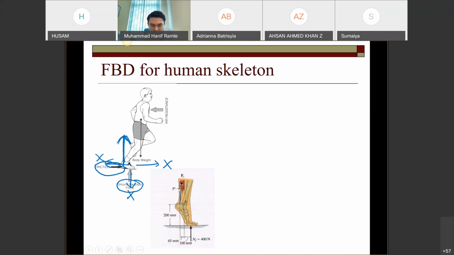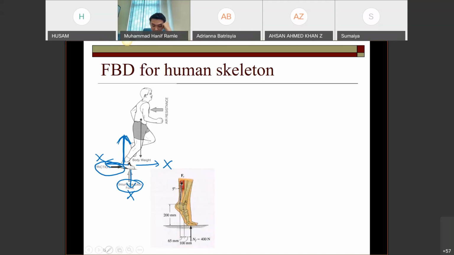Another example is more specific on the inside of the human body. You can see the ground reaction force acting perpendicular to the surface, and then we have a force acting at the Achilles tendon.